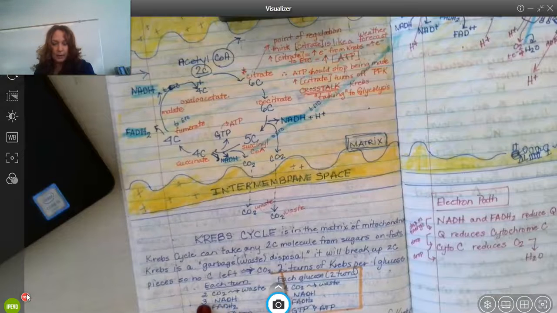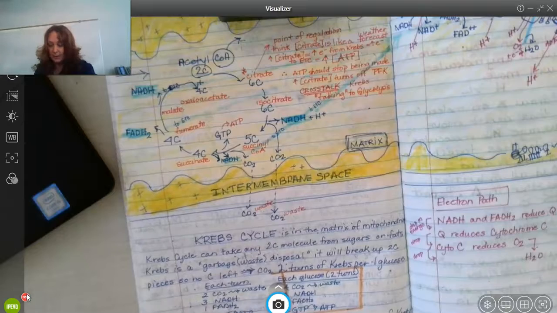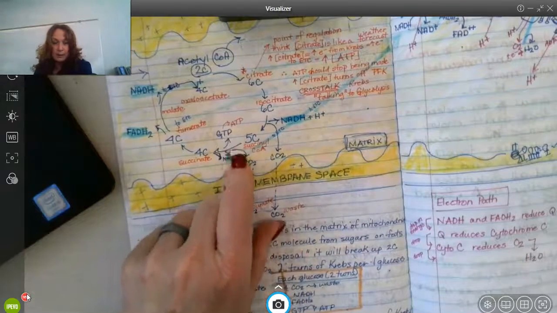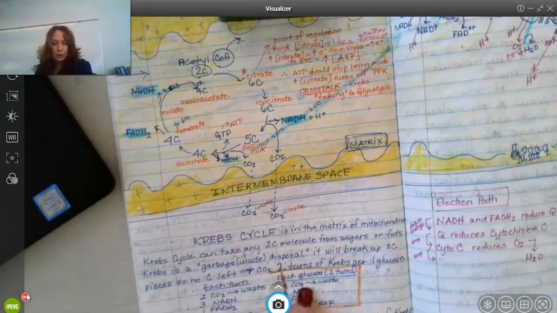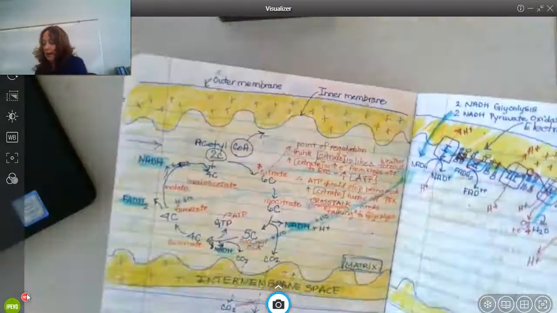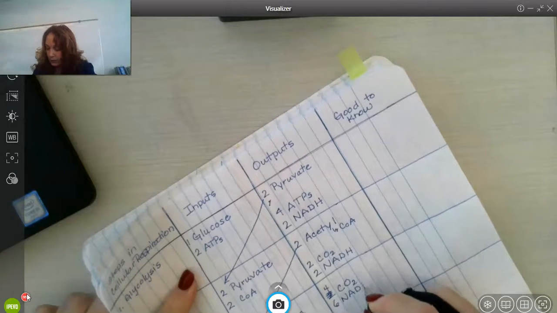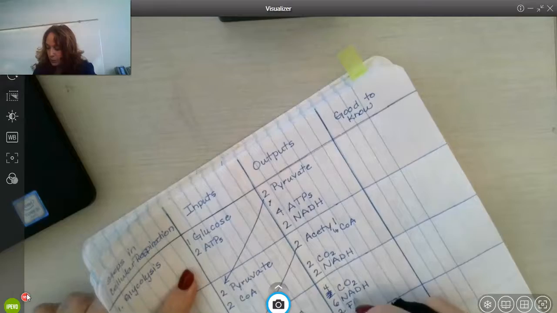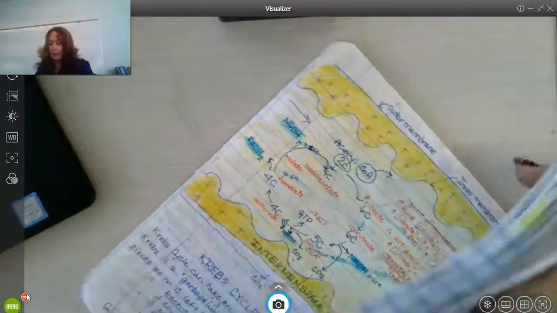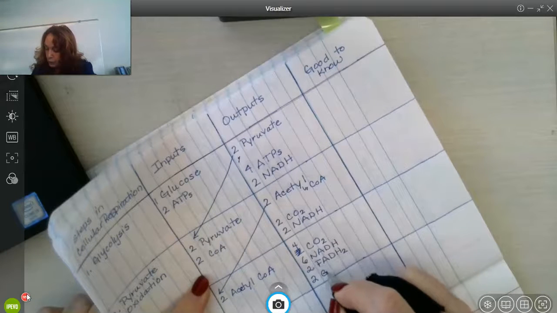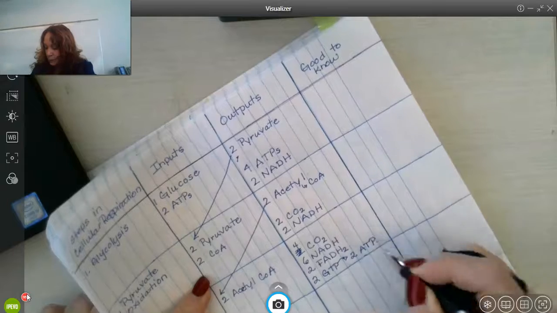Your electrons went 3 to NAD for NADH, 1 to FAD for 1 FADH2, and then you did substrate phosphorylation and you created a GTP. So in total, for 2 turns, you're going to have 6 NADH, 2 FADH2, and then if you go back over here, you can't see it, but you had 2 GTP that were immediately converted to 2 ATP.